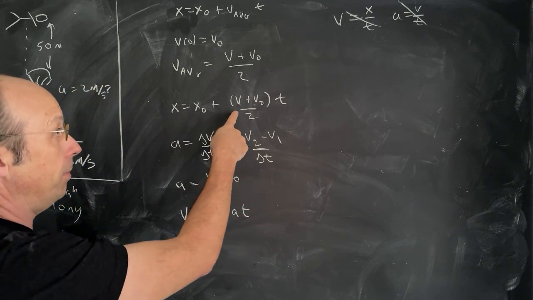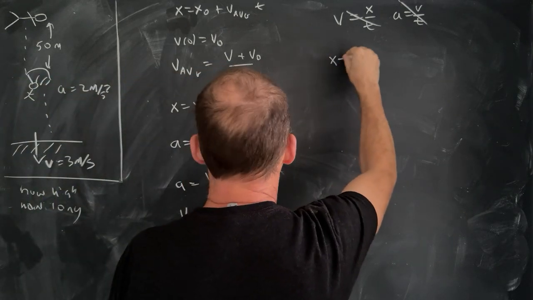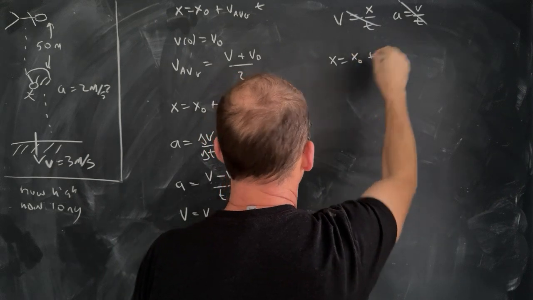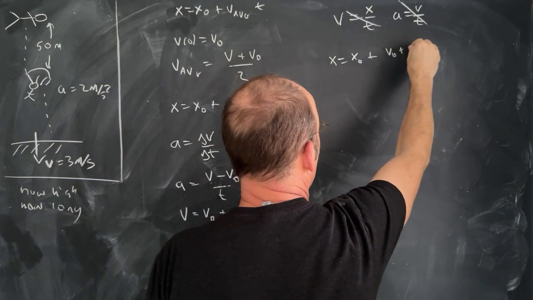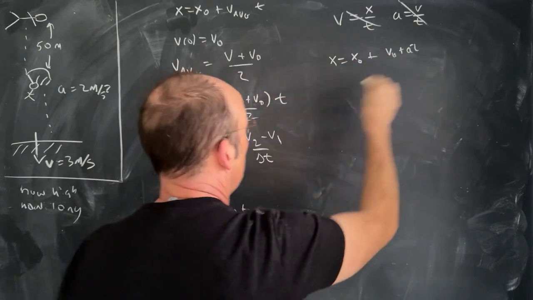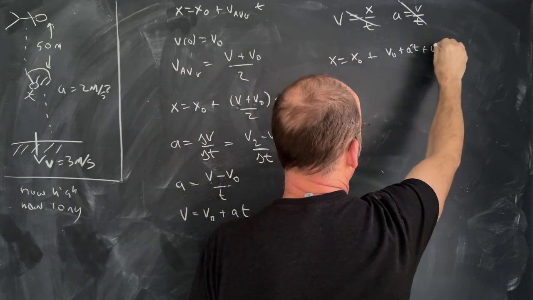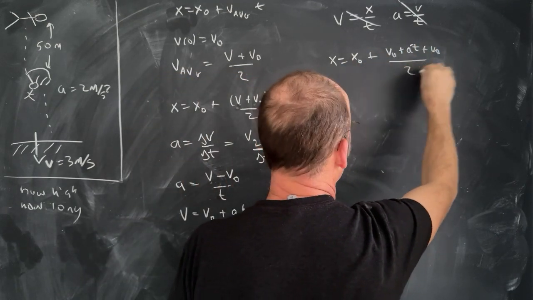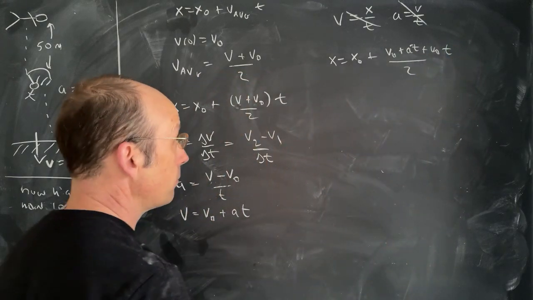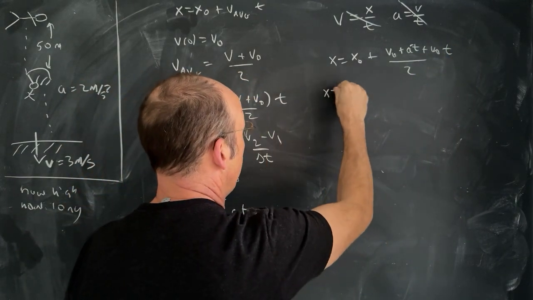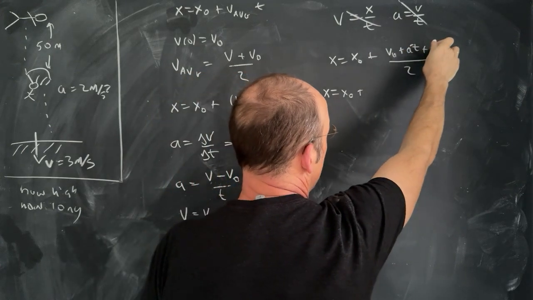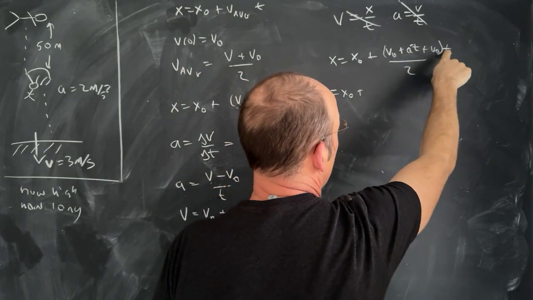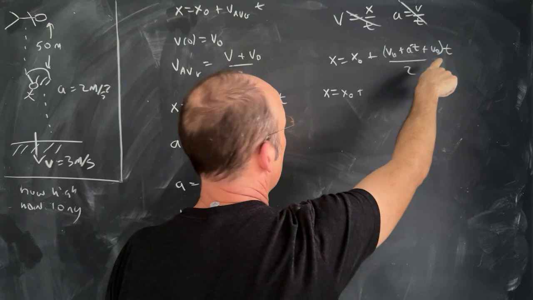Now I can plug that in up here. So I get x equals x0 plus v, which is v0 plus at plus v0, all of that over 2, times t. Let's multiply that out. I get x equals x0 plus, with parentheses, times t right there.